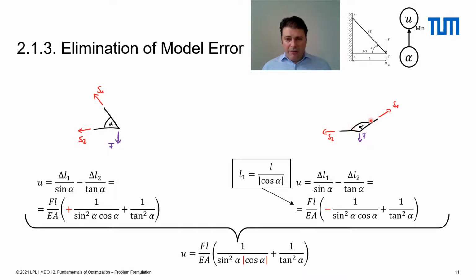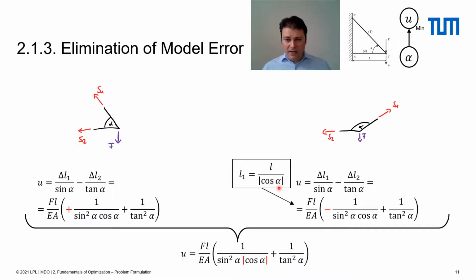However, when your alpha becomes larger than 90 degrees, L1 would become negative, and that doesn't make sense. So the correct expression should be L1 equals L over absolute value of cosine alpha.